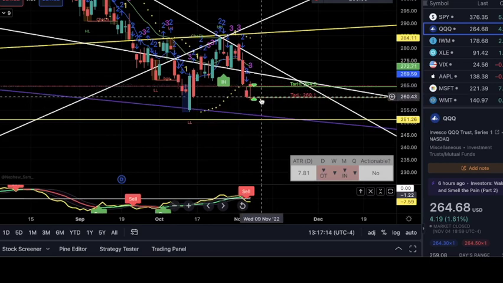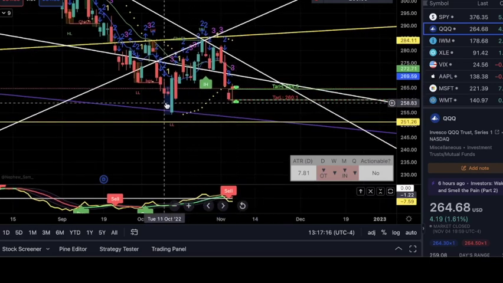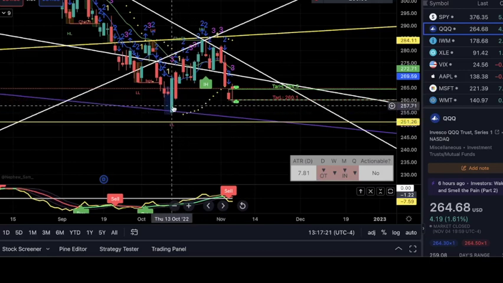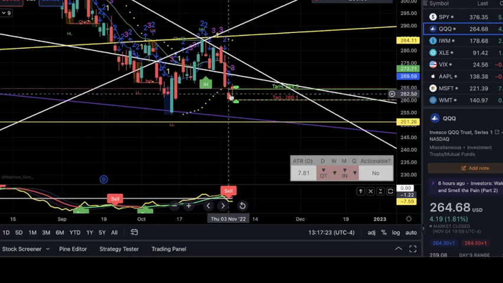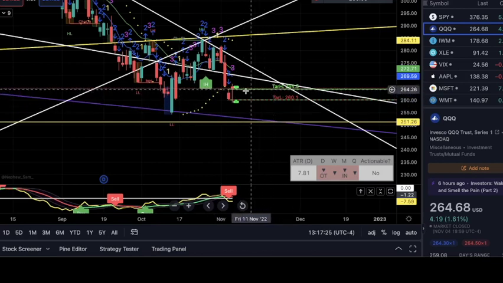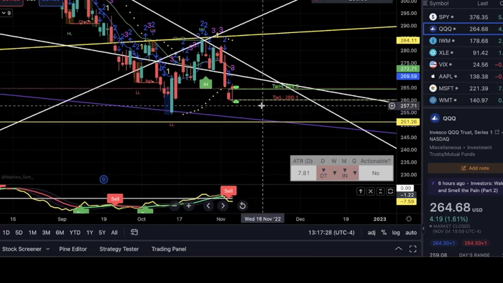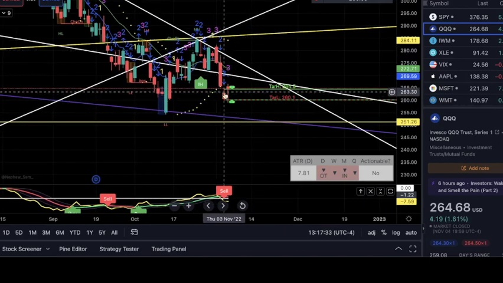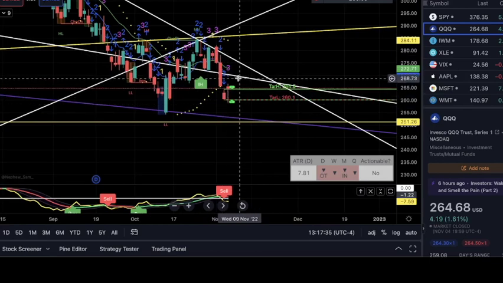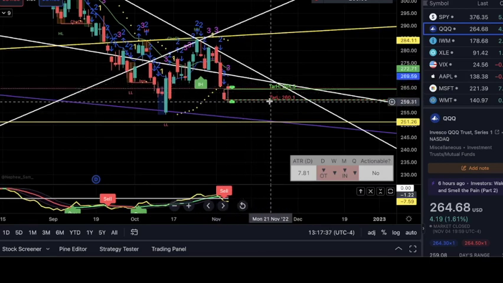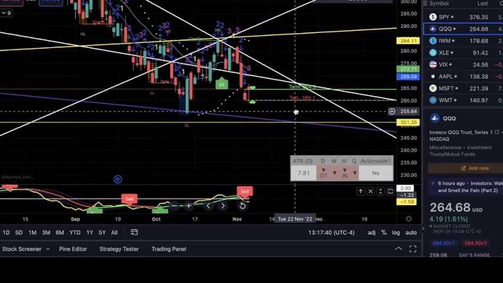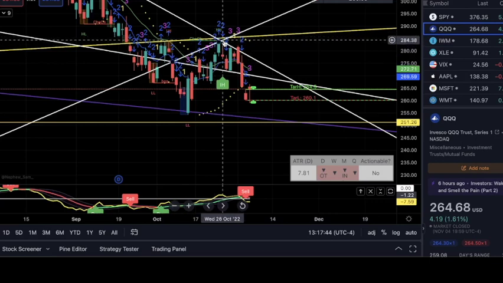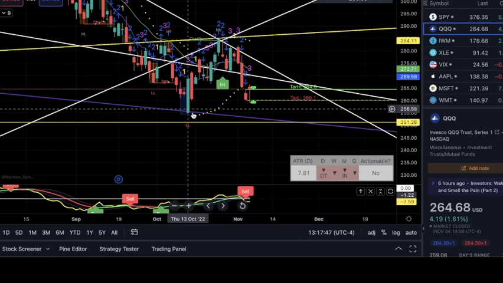We had an outside day here, but we are in this range where we dropped really hard. So it could iron this area out right here first before it comes down, and I would expect that. Keeping in mind though, we did also drop really fast, so it could do something like that and then fall. But this inverse head and shoulders was completely smacked down, turned more into an M.